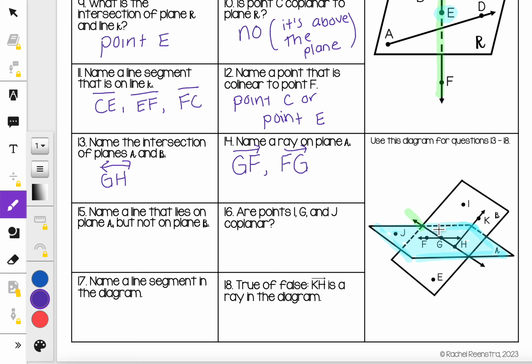Both of those lines are on plane A, but line GH is also on plane B. Okay, if you kind of think of that plane that looks like it's kind of facing down, or I guess facing up, depending on how you're kind of looking at it. So here we have to pick this one here, this line FG.